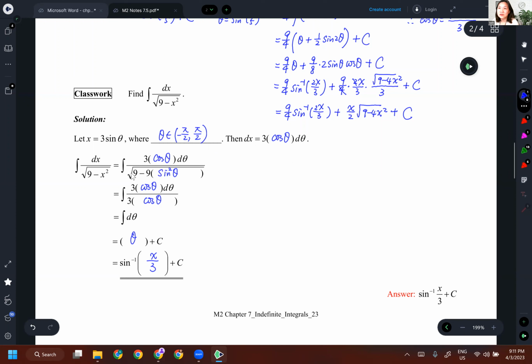In calculation of the square root, the square root of cosine squared is positive cosine. Here we take the positive root because of the range of theta. And then replace theta with the inverse sine function.